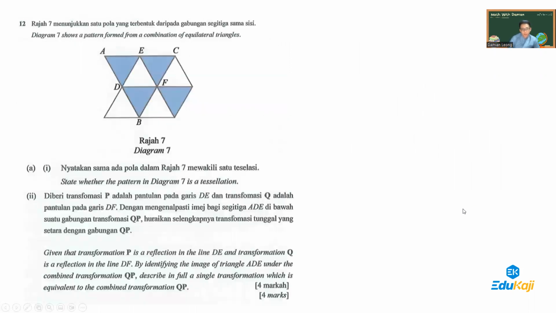Question 12. State whether the pattern in diagram 7 is a tessellation. So yes, it is. So just yes for part A1. Then A2, given that transformation P is reflection in the line DE here.